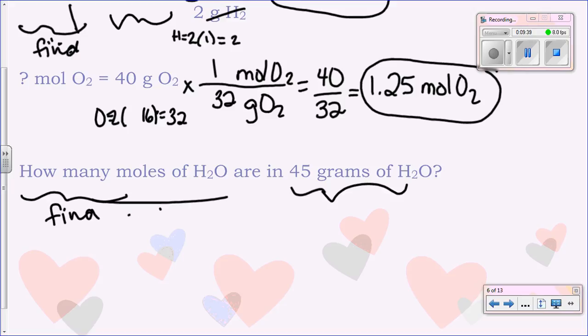And this is our given. So we're going to start off with our equation. Given.